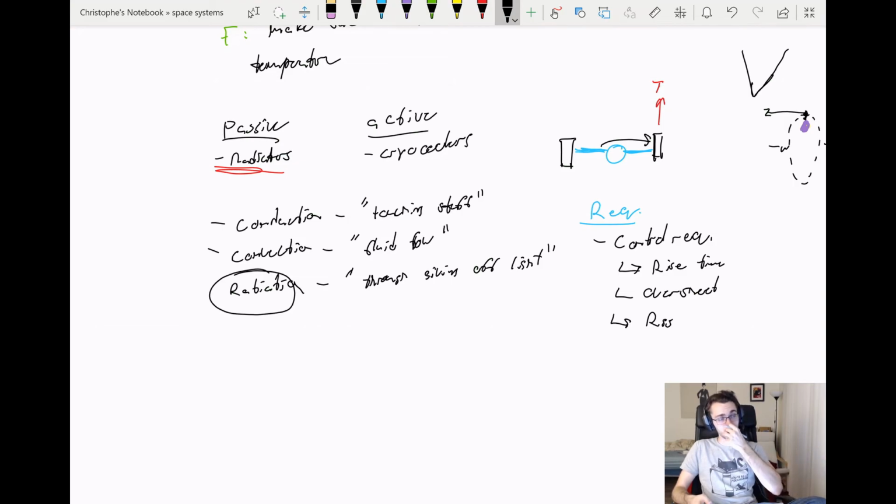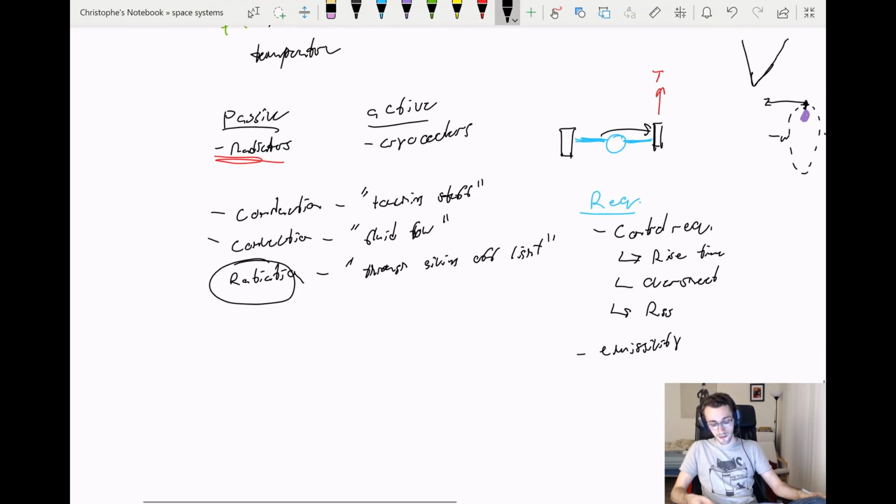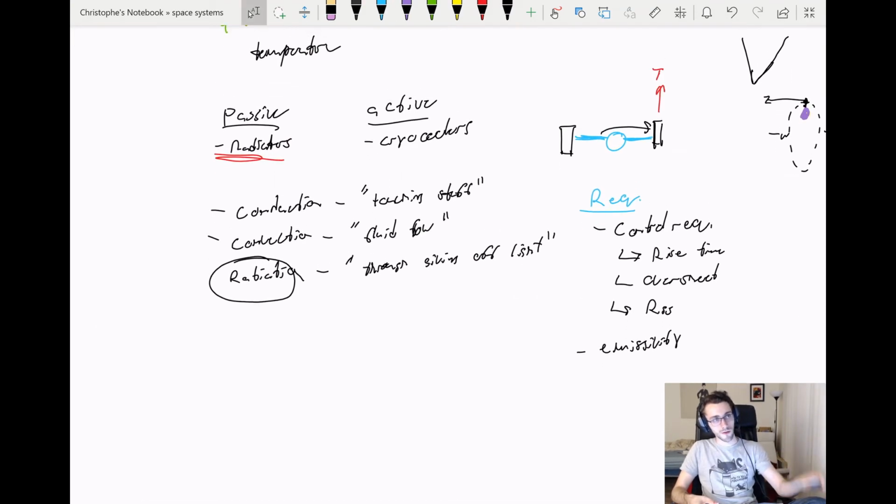For passive thermal control systems, you would have emissivity requirements, so being able to give off a certain amount of heat in a certain amount of time, and you'll tune this to the temperature tolerances of any onboard equipment that you have.